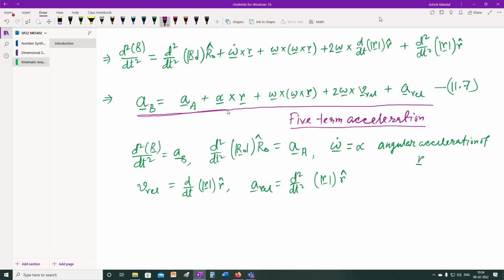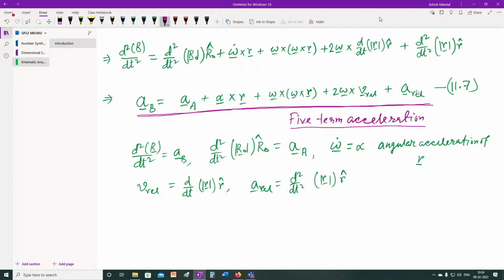You have studied fluid mechanics. I don't know whether they have done this in the class or not. In fluid mechanics also we start with this. Any particle, its acceleration can be presented with this. So any object's acceleration can be presented by these 5 terms: 1, 2, 3, 4, 5 terms.